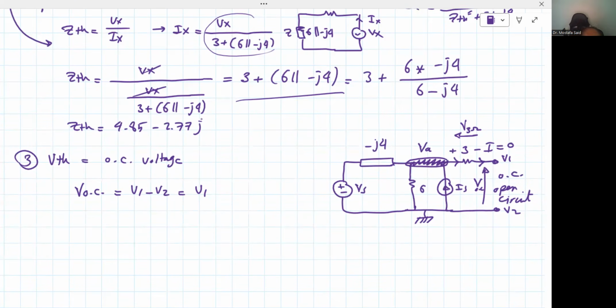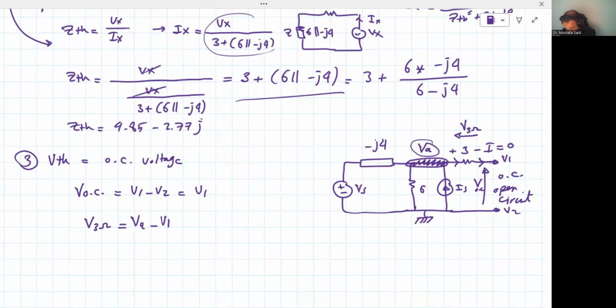V3 ohm is the voltage difference between the two terminals, the positive voltage minus the negative voltage. The positive voltage is VA minus the negative voltage, which is V1.